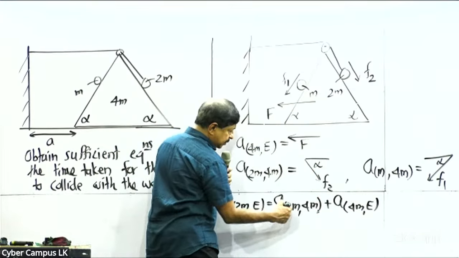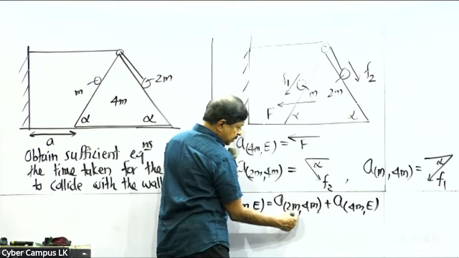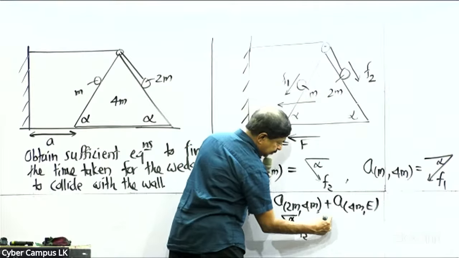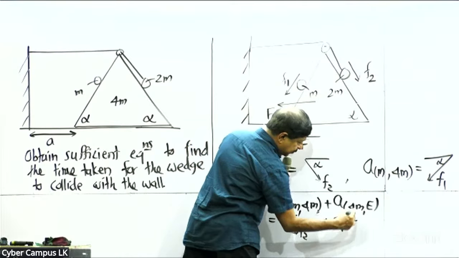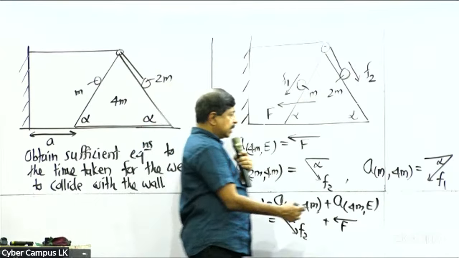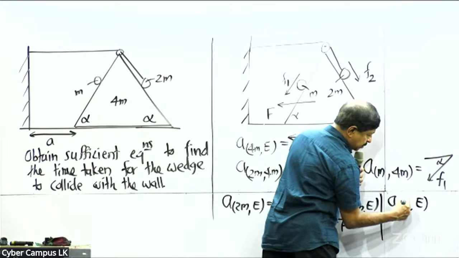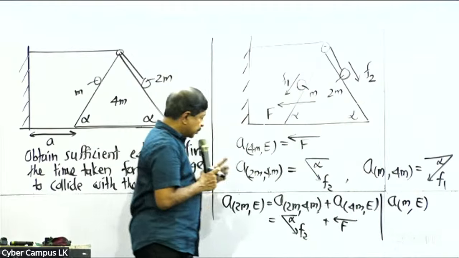You have to consider both components. This is capital F. Again, if you want to find this, you have to connect via 4m.